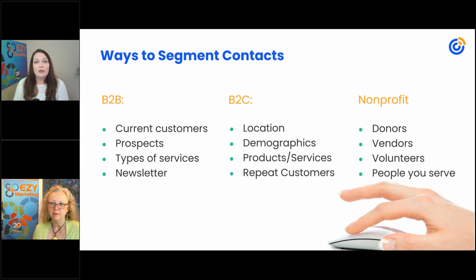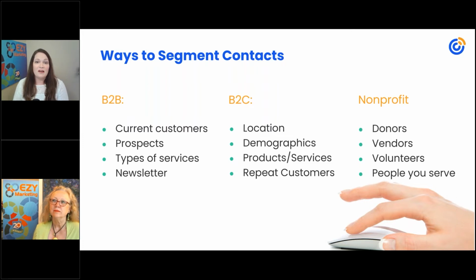So if you're in human resources, for example, someone interested in your recruiting services isn't necessarily also interested in payroll processing. So those could be 2 different segments. For nonprofits, the information that you send to donors probably isn't also relevant to volunteers and the people that you serve, or at the least, the call to action is going to be much different.